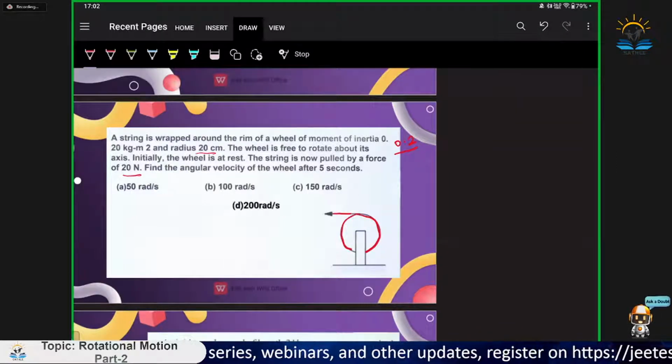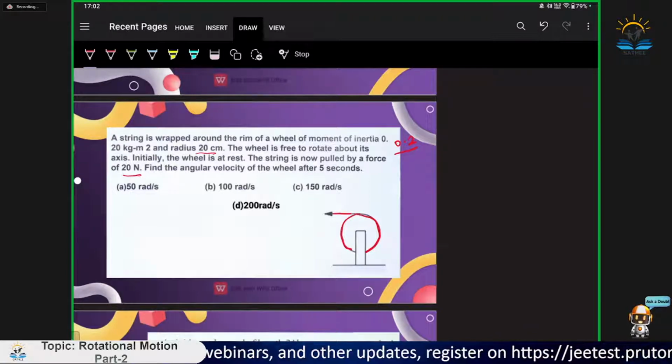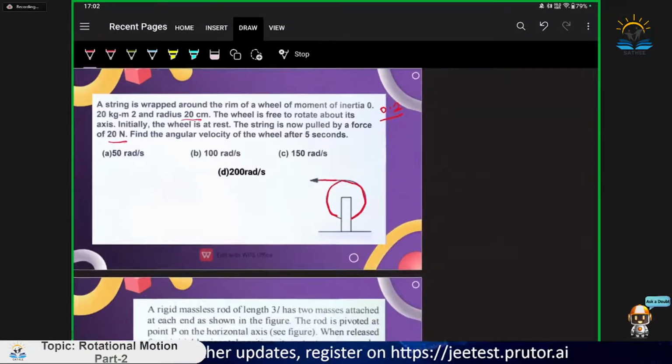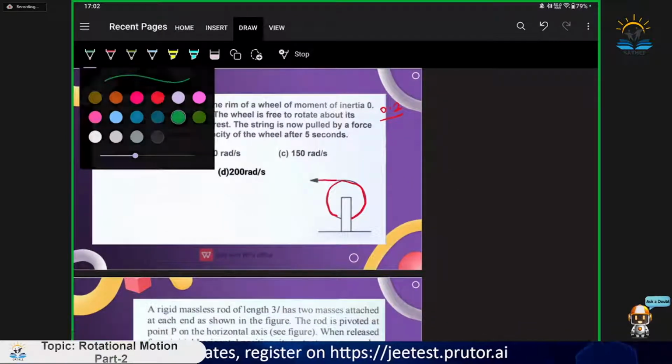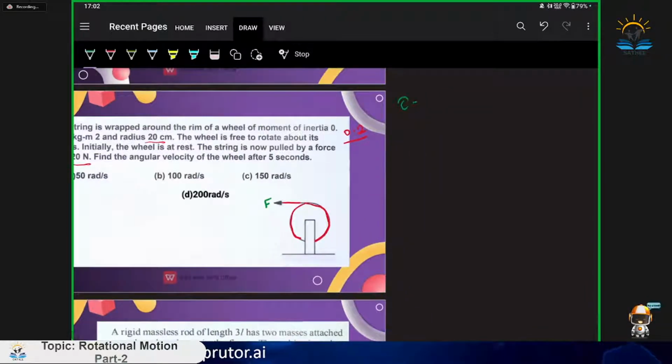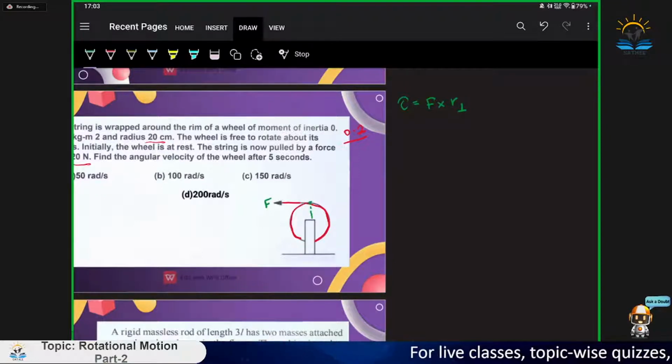And this is the application of which formula? Tau equal to I alpha. Force is applying here, F equal to 20 Newton. So torque will be how much? We know that torque equals force into R perpendicular. Here R perpendicular means the radius of this wheel, about its axis.